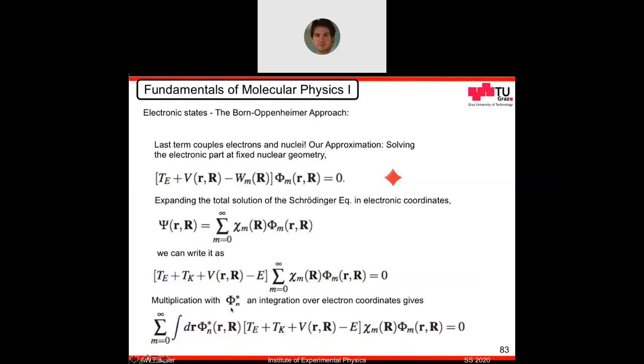We just pick some arbitrary n for our derivation here. Okay, that's what's happening here. You come in from the left with phi_n, and we integrate over the electron coordinates, meaning we integrate over r, small r.